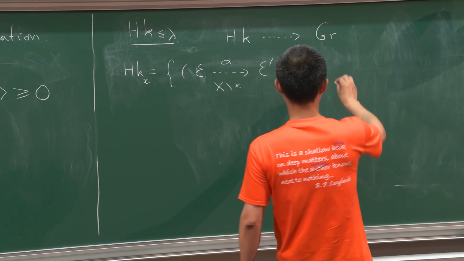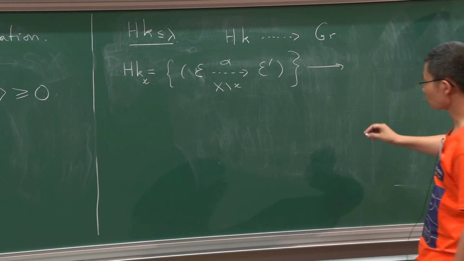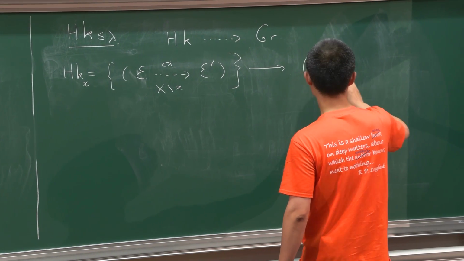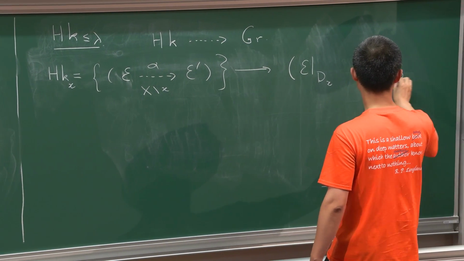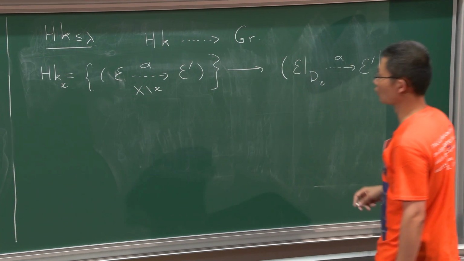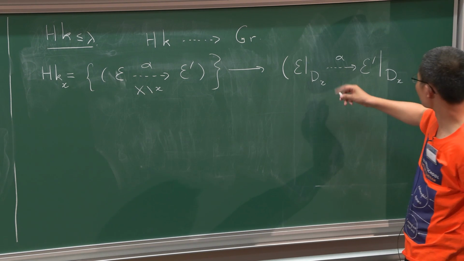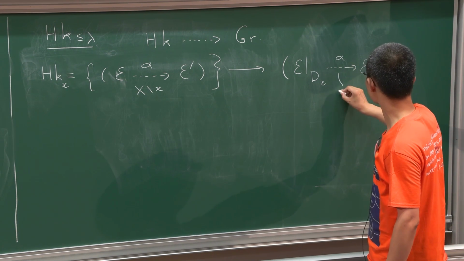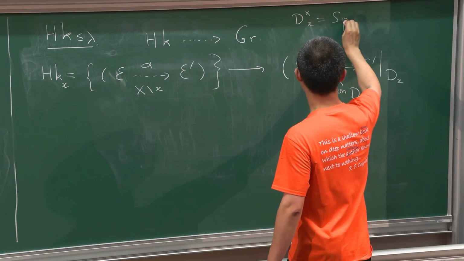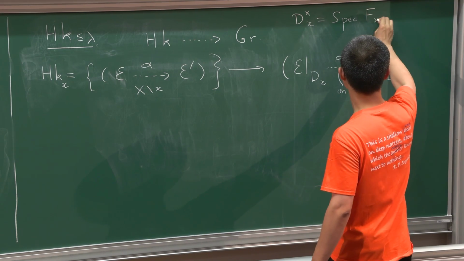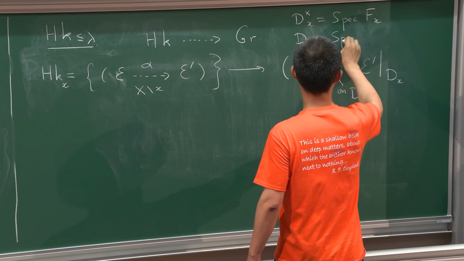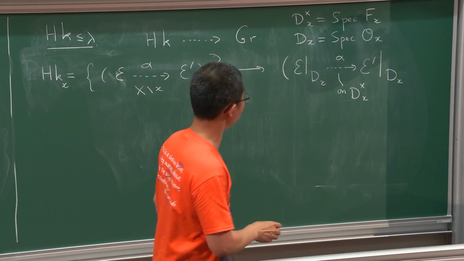From this data, we want to get some local data, which is, I can just restrict E to the formal disk around X. Again, restrict alpha to the formal puncture disk. Alpha is only on the puncture disk. So here, the puncture disk is the spec of Fx, and Dx is the spec of Ox.